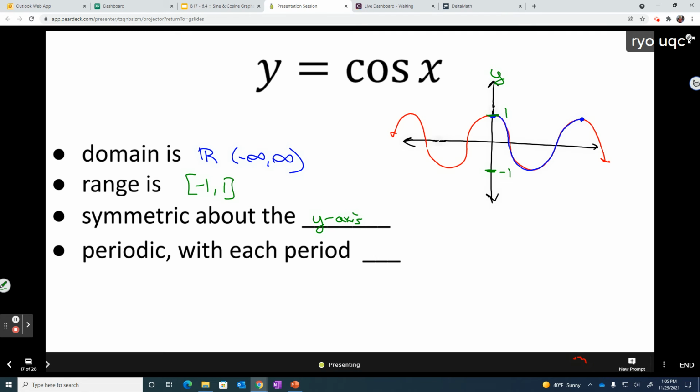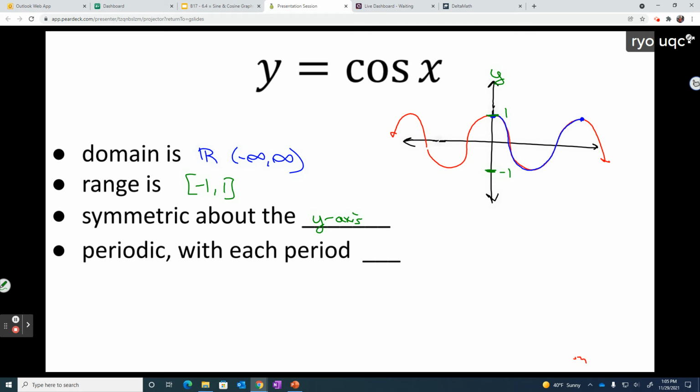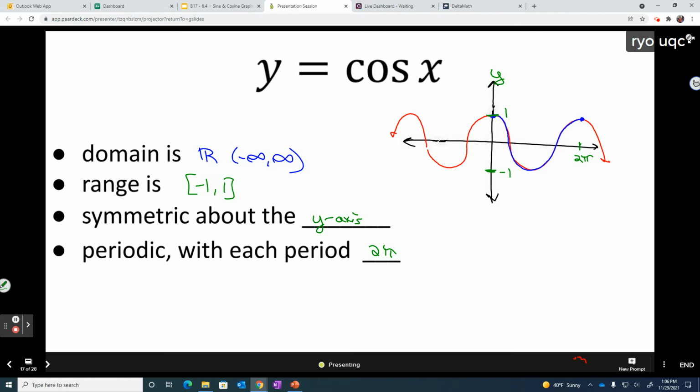Okay, the period of this is actually the same. It's periodic, and each period is 2 pi as well. This thing's out here, 2 pi. If it was a tangent, that's really where it would change, but I'm not going to talk about tangents right now. But a tangent has a period of pi.